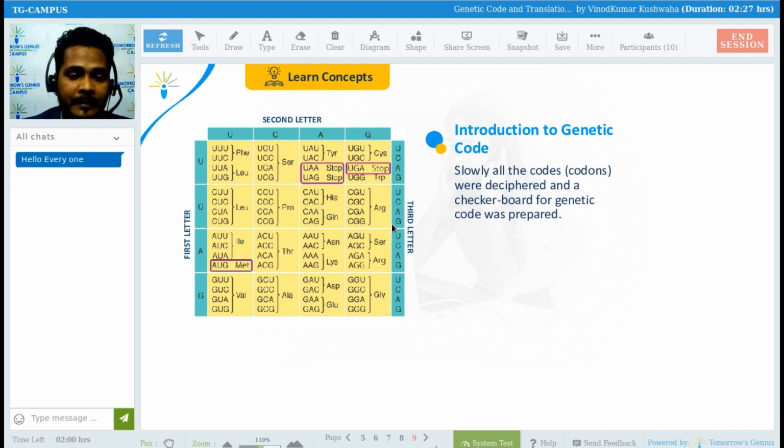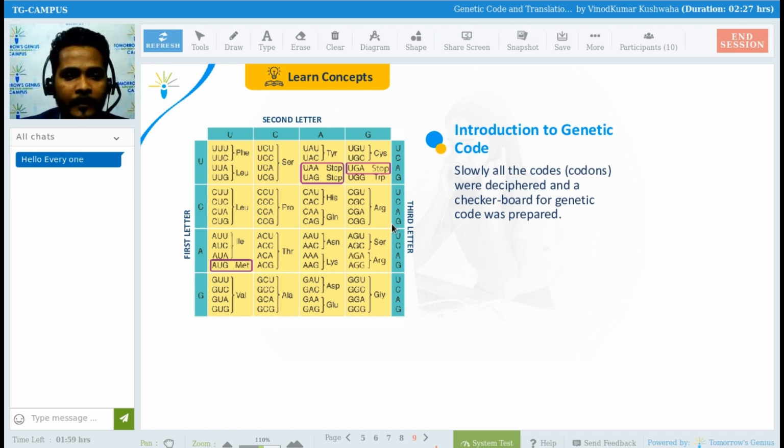Now, what is genetic code? Let's focus on a simple introduction of genetic code. So you can see here the genetic code, slowly all the codes, the codon. I have told you about the codon. What is codon?